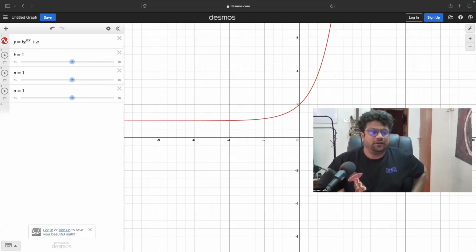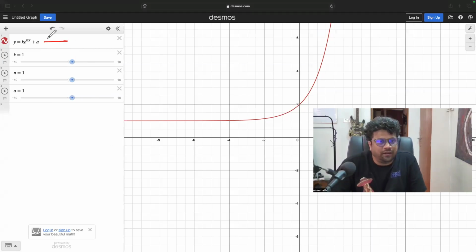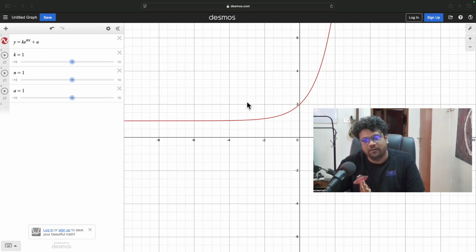I have Desmos open, and I put in the equation of the curve: K e to the power of nx plus a. That is the form I'm going to get. As of now, I have put up k equal to 1, n equal to 1, and a equal to 1. Let's see what the curve looks like. Well, this is what it looks like there.